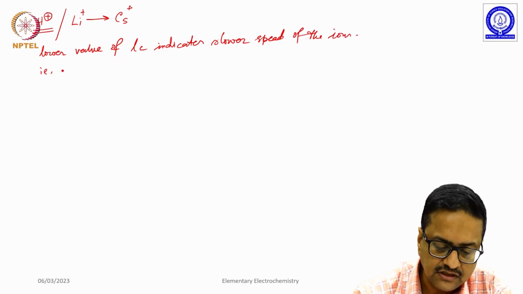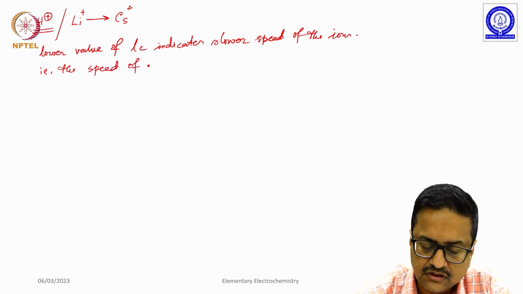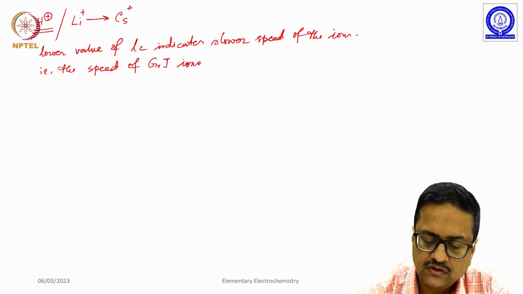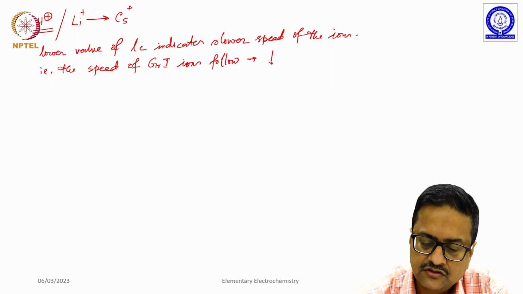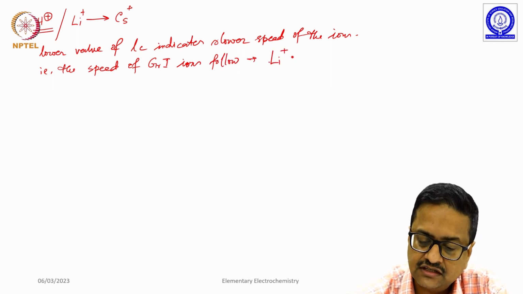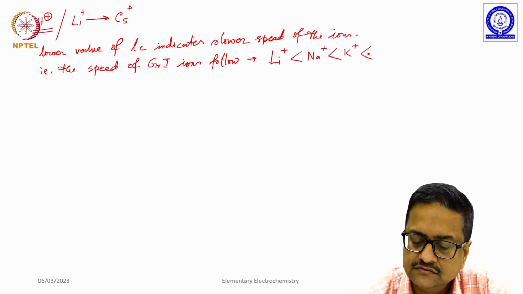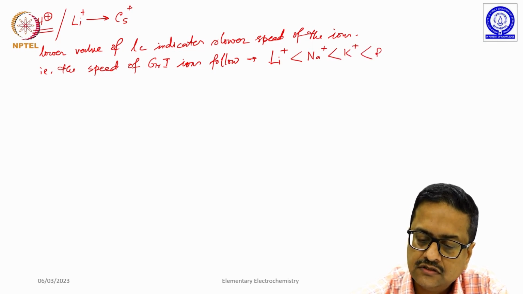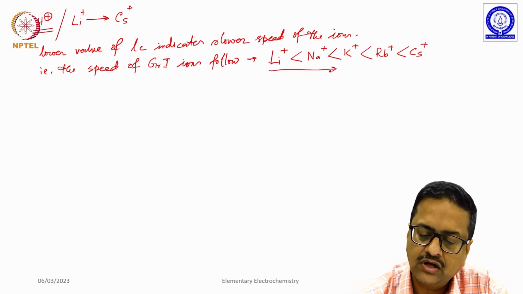That means the speed of group 1 ions follows this trend: lithium plus is the lowest, then Na plus, then K plus, then rubidium, and then Cs plus, right? So, why does that happen?